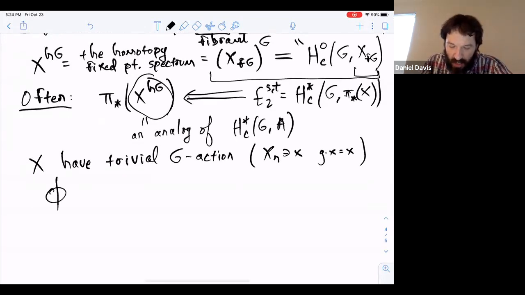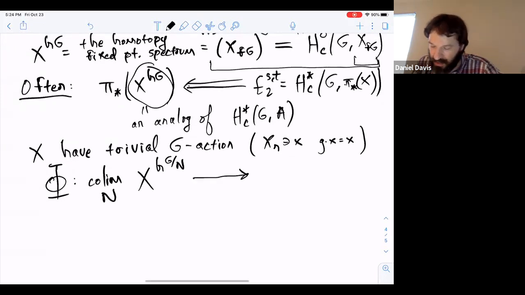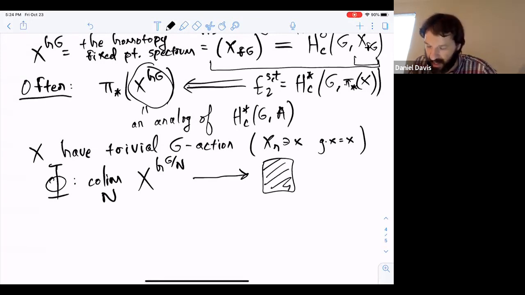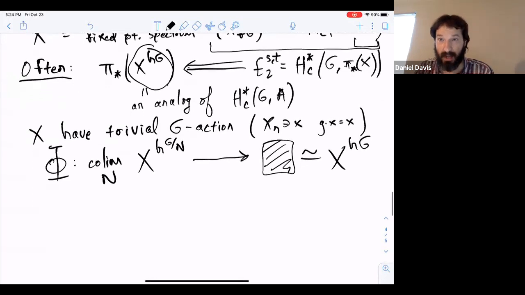There is always a map that has the following form. We take a colimit over n, and we have X^{H G mod n}, and this goes to a certain object. I don't want to say what that object is, but the important thing about it is that it's equivalent to the homotopy fixed point spectrum, okay?